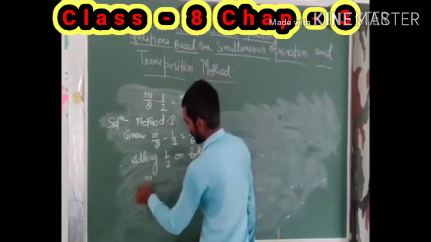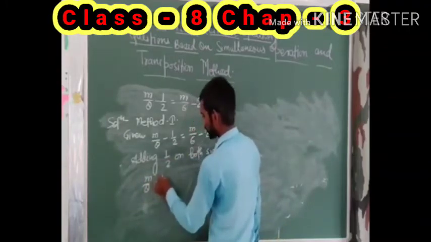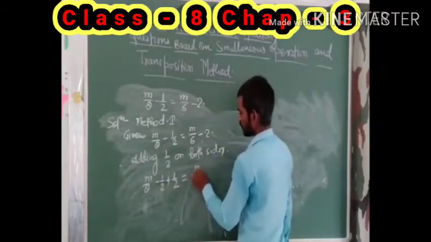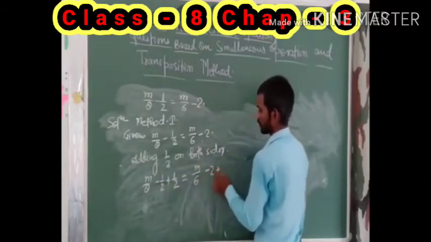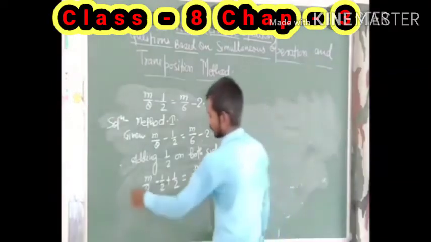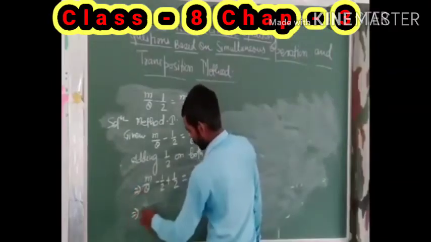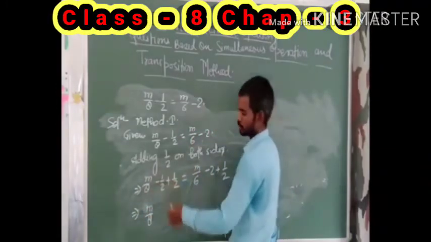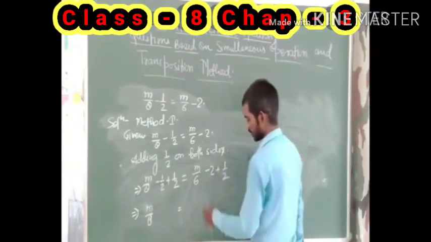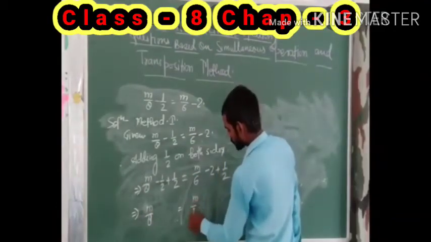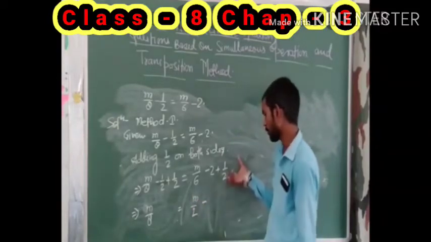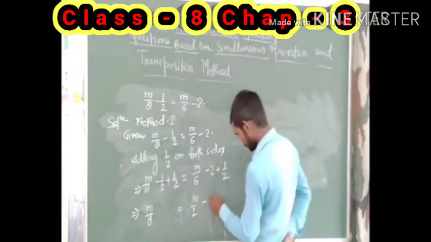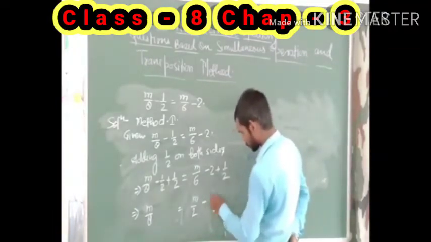We get m upon 8 minus 1 upon 2 plus 1 upon 2 is equal to m upon 6 minus 2 plus 1 upon 2. This implies that m upon 8 minus 1 upon 2 plus 1 upon 2 becomes 0. So leave as it is, and here we get m upon 6 and minus 2 plus half, we get minus 3 upon 2.